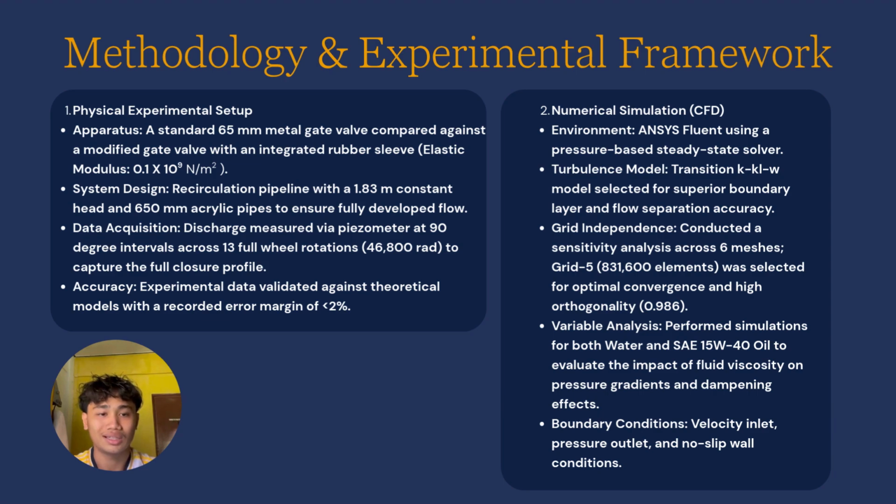We select the transition turbulence model specifically for its ability to accurately predict boundary layer transition and flow separation. After a grid sensitivity analysis of 6 different meshes, we identify grid 5, consisting of over 831,000 elements, as the optimal configuration.